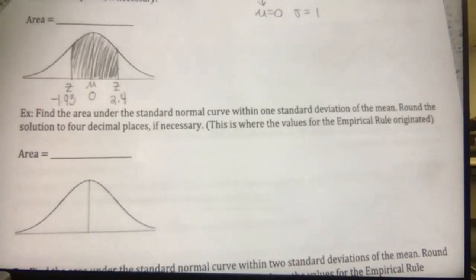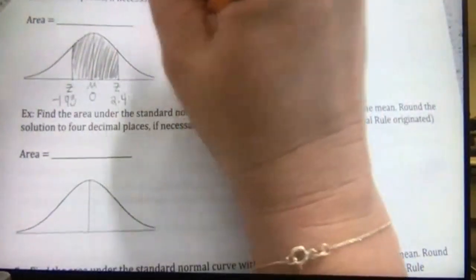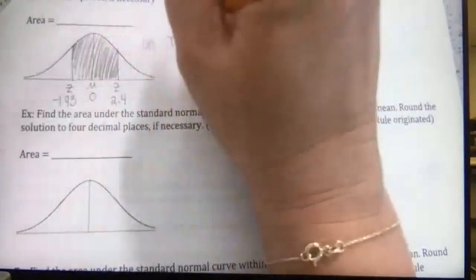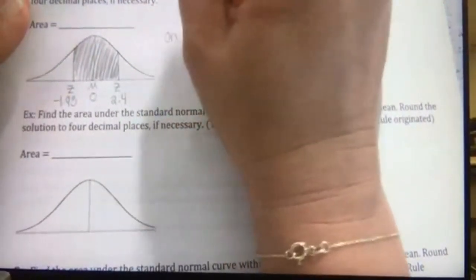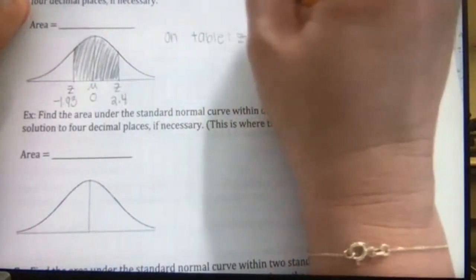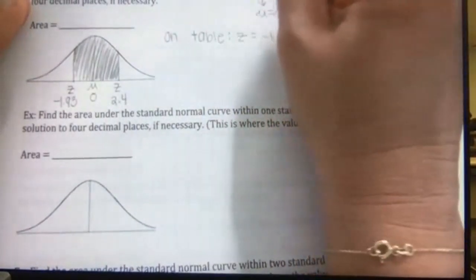In my opinion, this is where our calculator really comes in handy. But I'll show you how to do it on the table. All right, so let's look on the table when z equals negative 1.93. What's our answer?